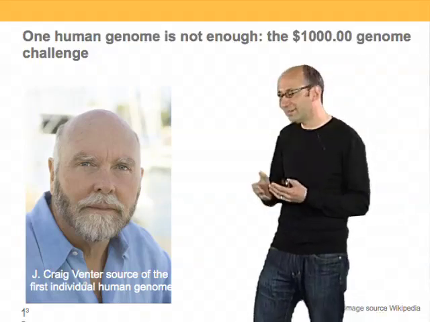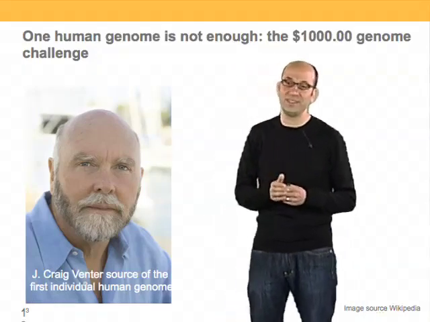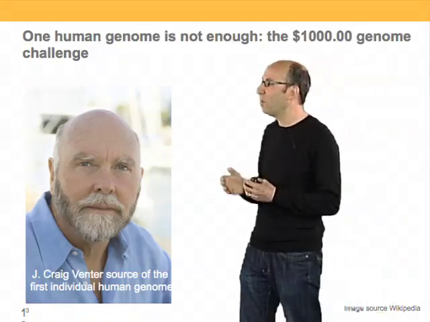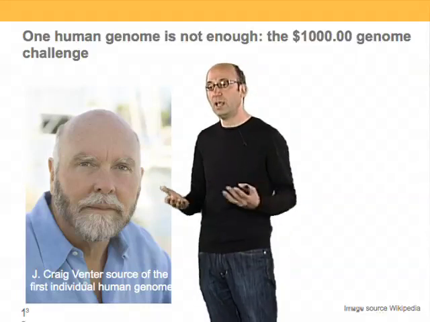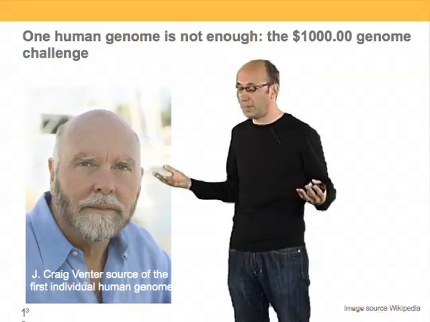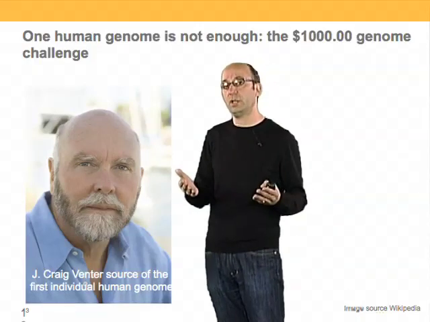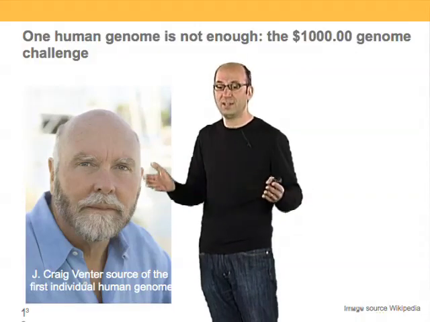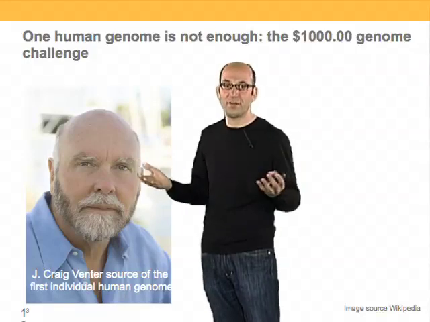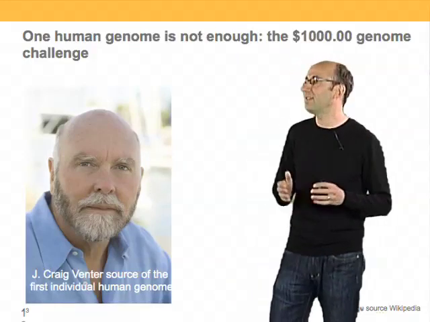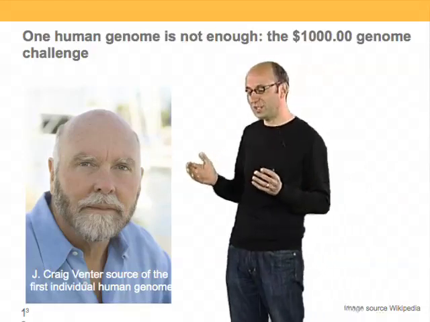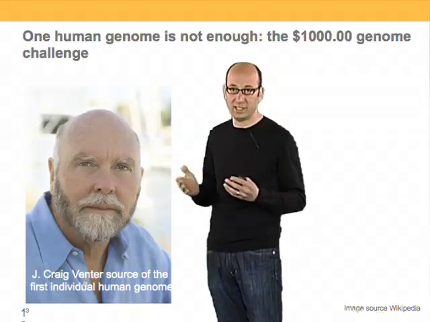But of course, we're not all Craig Venter, and we don't all look like him, and we certainly want to know what are the differences in our genomes that, for example, make us susceptible to different diseases. So one genome really wasn't enough. We really wanted, ideally, a genome for every person. And the $300 million cost per genome made that, of course, completely untenable.